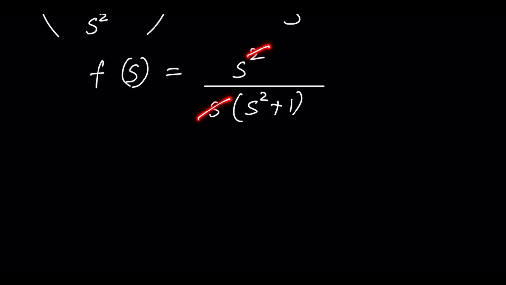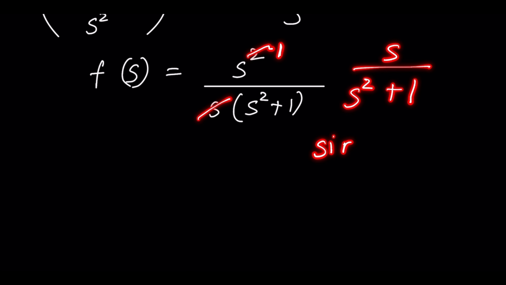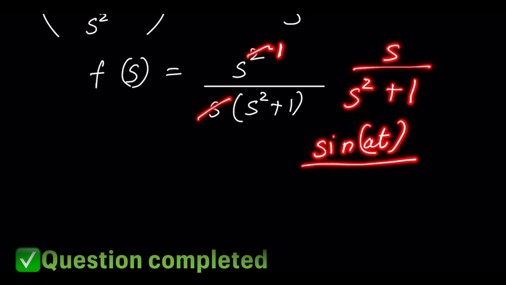This s and this s are going to cancel out, leaving s power 1 in the numerator. So we get the form s divided by s squared plus 1, which is equal to sine at. This is going to be our final answer once we take the Laplace inverse.